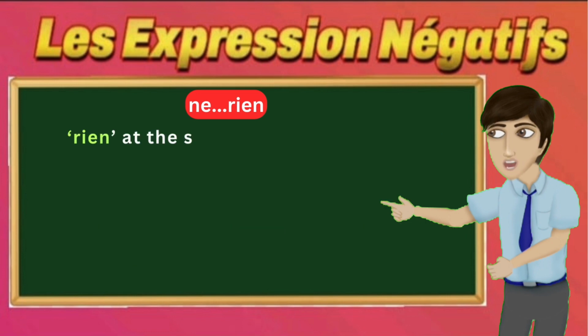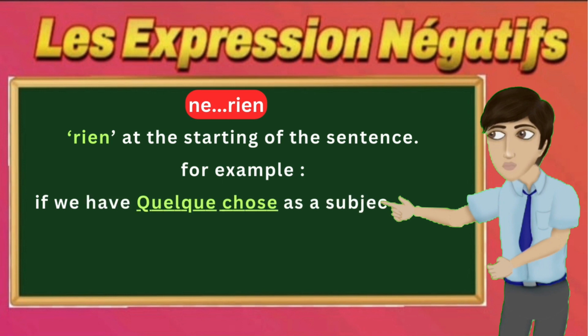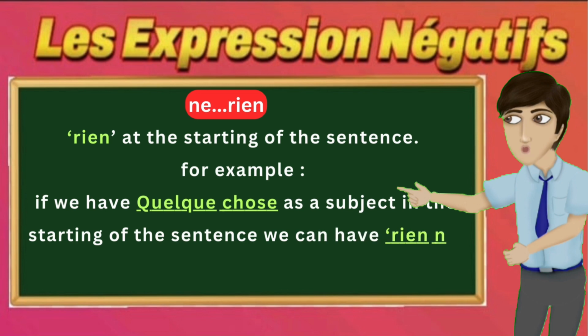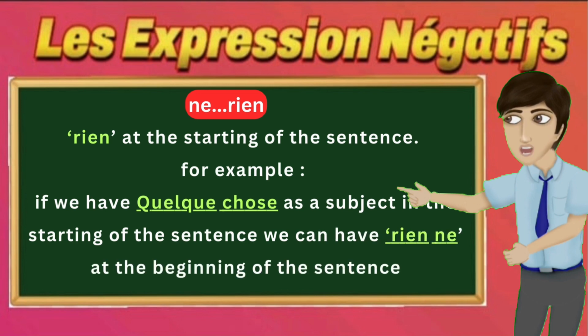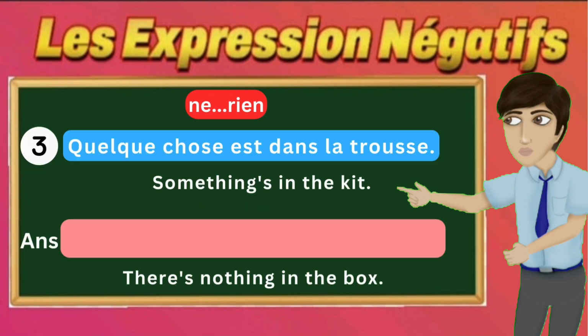We can also use rien at the start of the sentence. For example, if we have quelque chose as a subject at the start of the sentence, we can have rien ne at the beginning. Third, rien ne. Quelque chose est dans la trousse. Something is in the kit. Rien n'est dans la trousse.